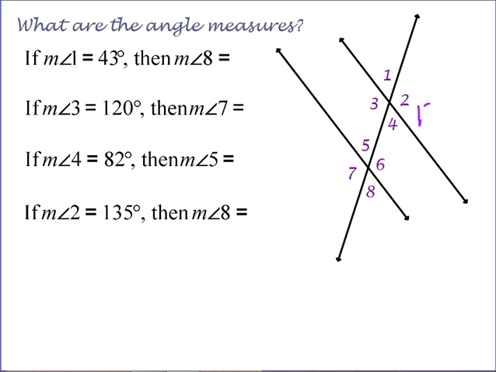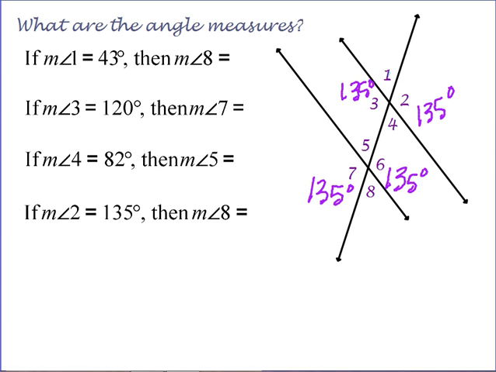If 2 is 135 degrees, then so is 3 because they're vertical. So is 6 because they're corresponding. So is 7 because they're alternate exterior. Then we can use those angle measures to help us find the other 4.